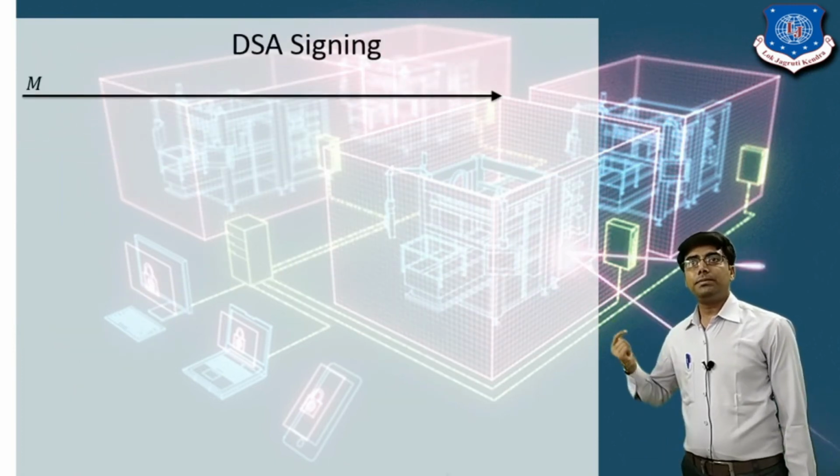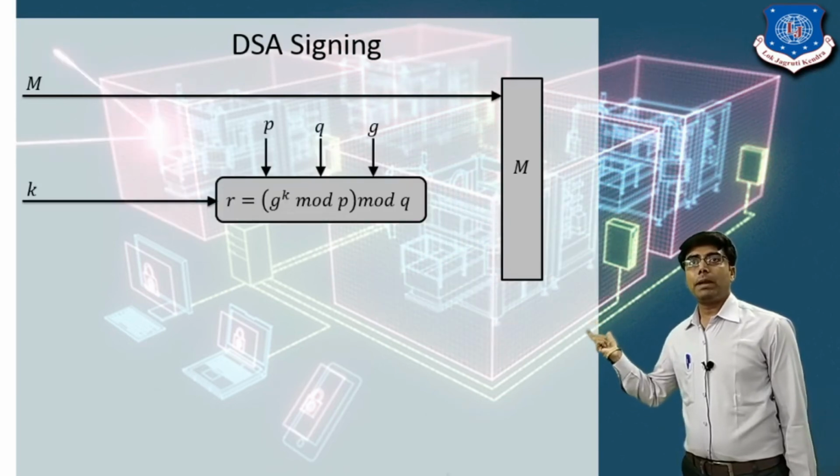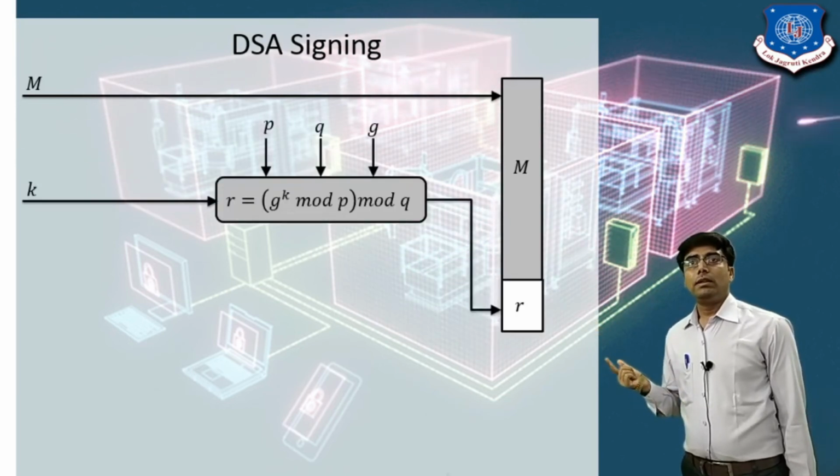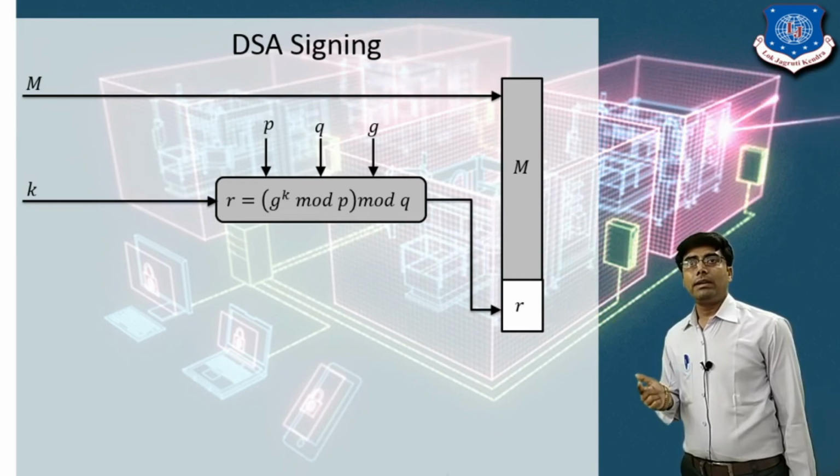Now you can see in this diagram, first we are applying the message, and R is a function of K, and here we are applying the three global public key components to find R: P, Q, G. K represents the key.